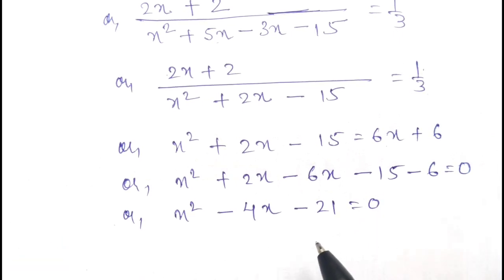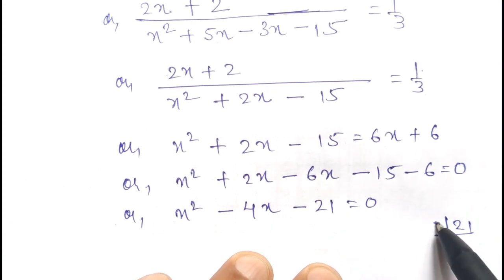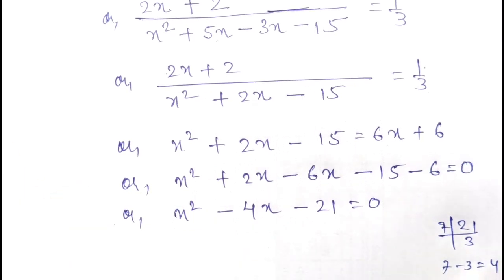Now we have to find two numbers using 1 and 21, so that we get 4 either on adding or subtracting those two numbers, in order to split the middle term. We know that 7 times 3 is 21 and 7 minus 3 is 4. So we got the numbers.